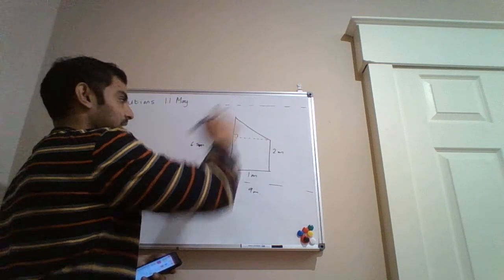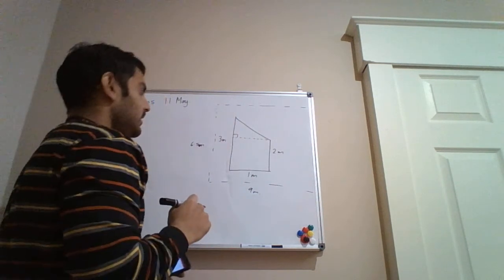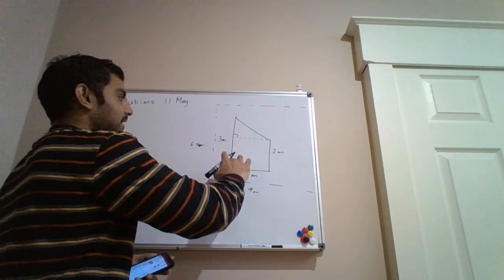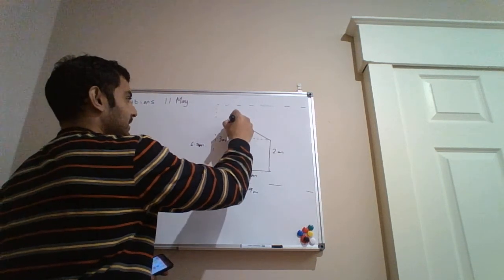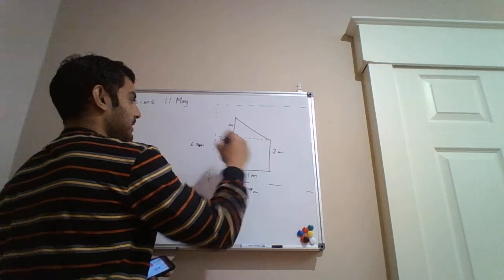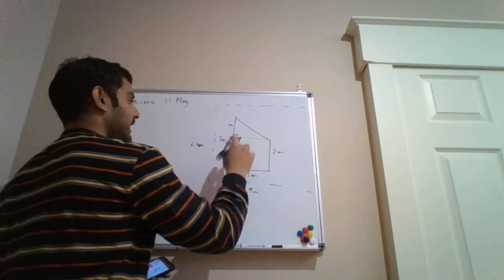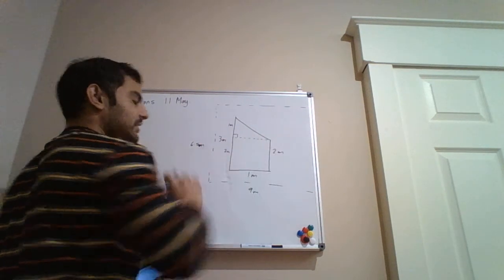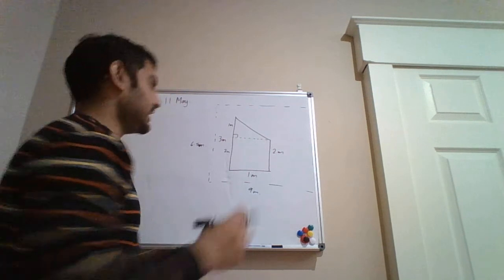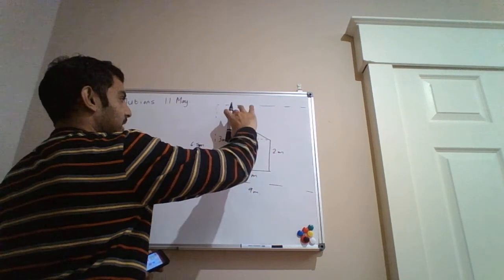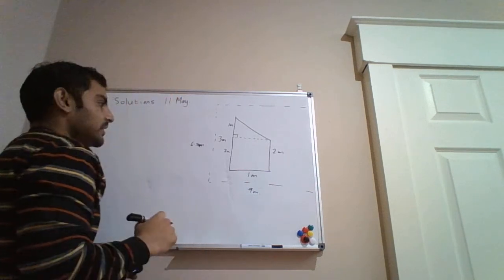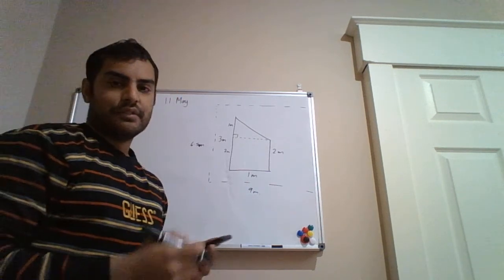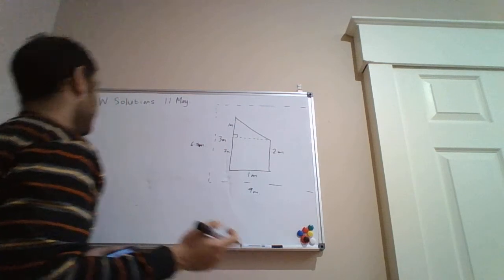So this is a right angle triangle. If this long side is 3 meters and this short side is 2 meters, that must mean this little piece is 1 meter. Okay, so 2 meters, 2 meters, the opposite sides of a rectangle are equal, and then we need 1 meter to add up to give us the 3 meters. So now we've got all the dimensions for the shapes we need to calculate.